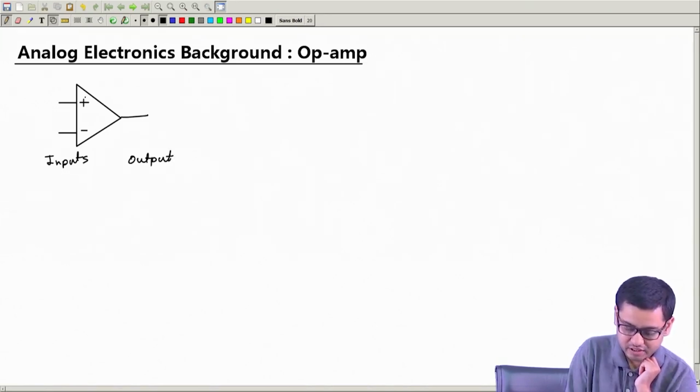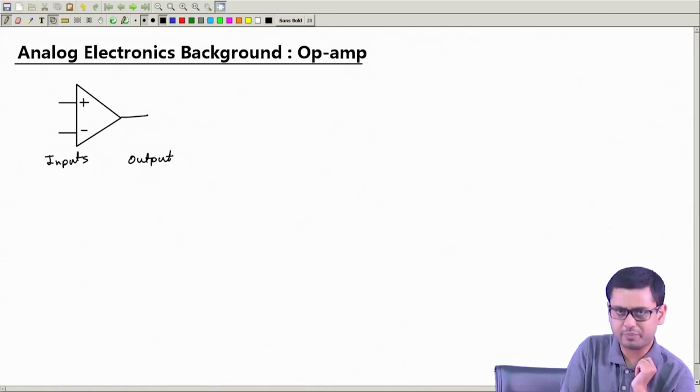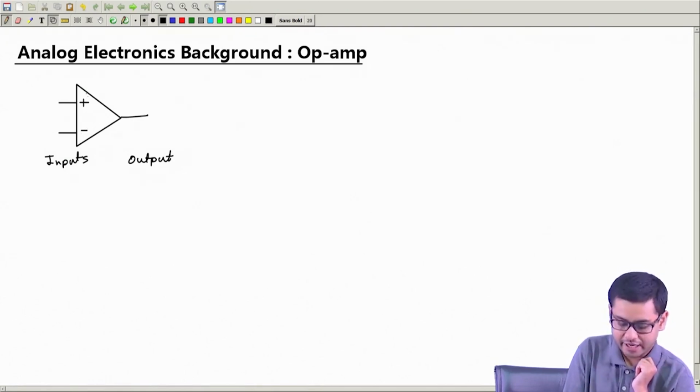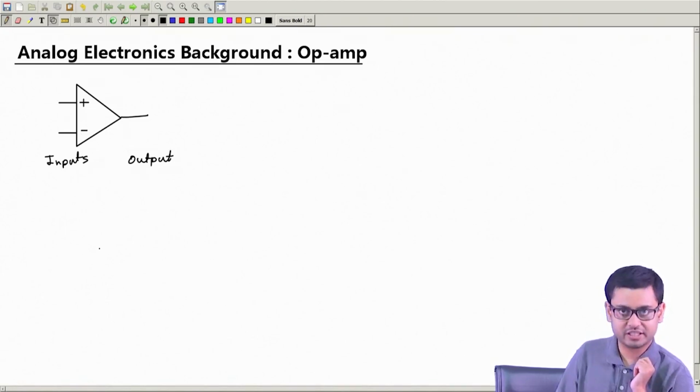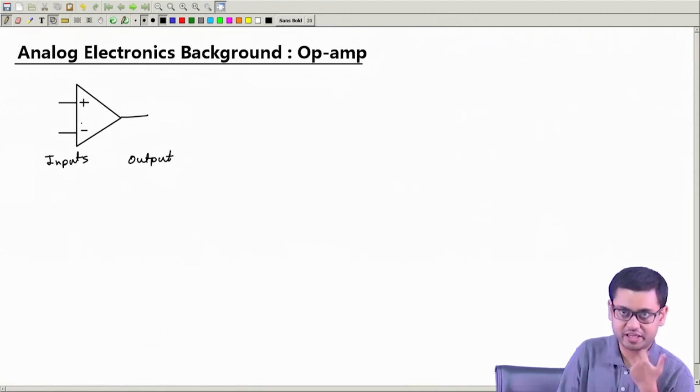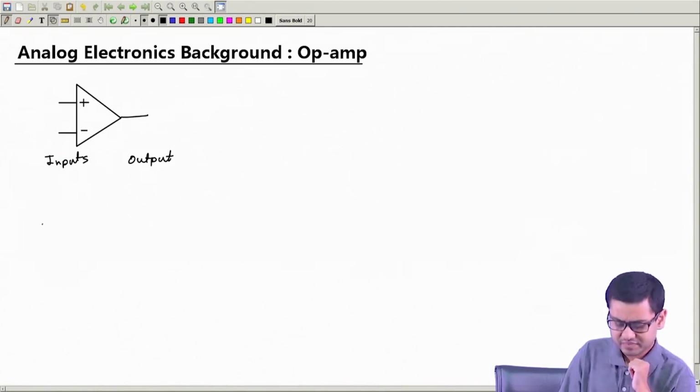We call the two inputs inverting and non-inverting inputs. Minus for inverting, plus for non-inverting. For simplicity you can also call them plus input and minus input. So this is what an op amp is.